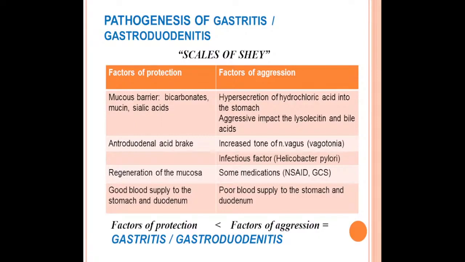And now we understand the nervus vagus plays an important role, but it is not the only reason, not the only factor in the development of gastritis or gastroduodenitis.